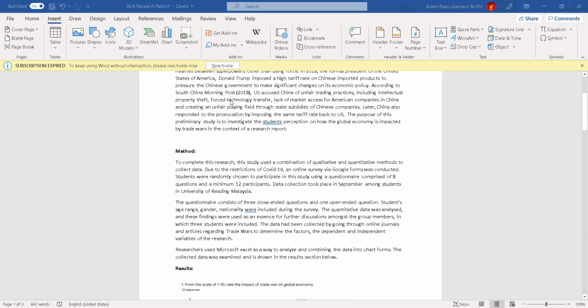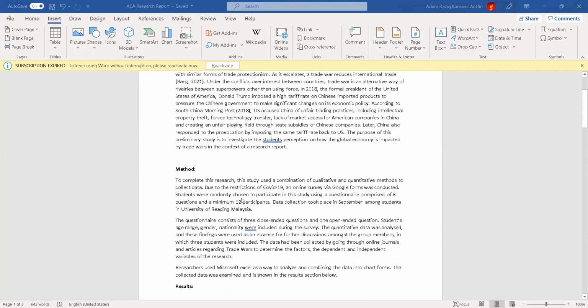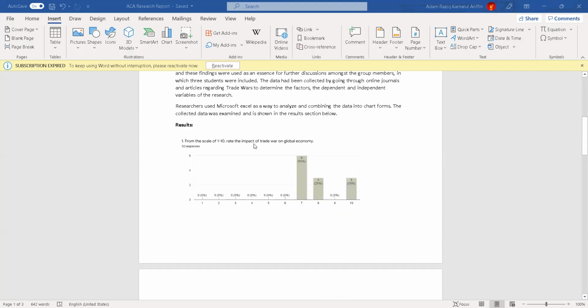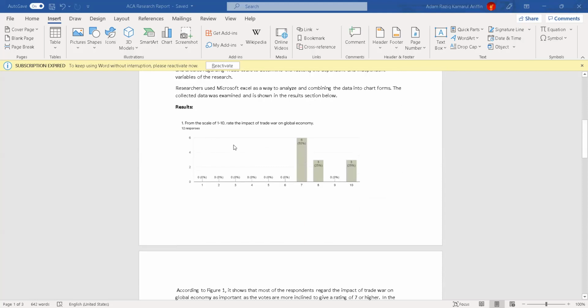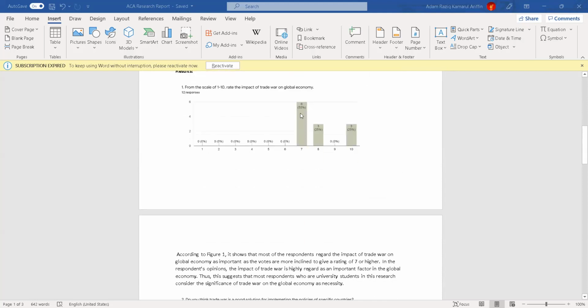This one, right? The introduction and method we already discussed. The results, right, sir? I need to interpret it. When you interpret the results, it's better to go from easy to difficult things. For example, start with easy ones like age. What were the ages and genders of your respondents?